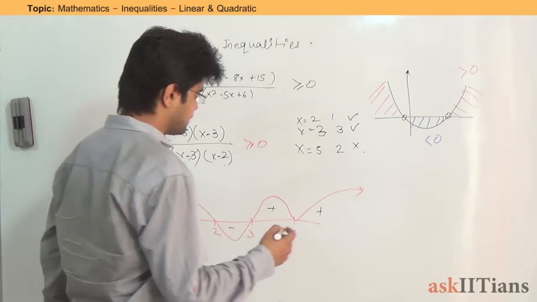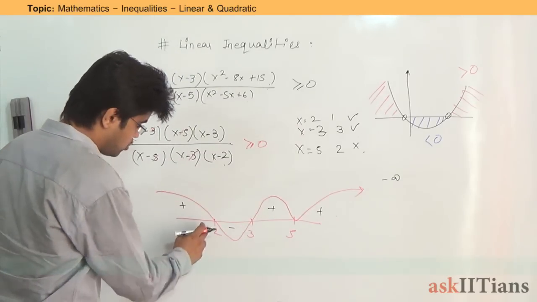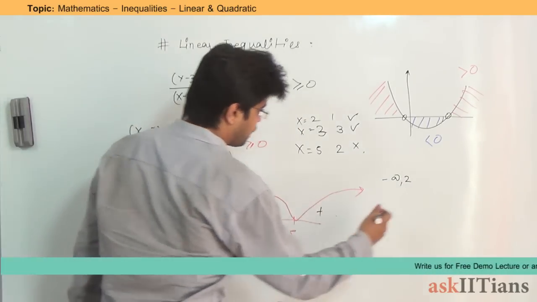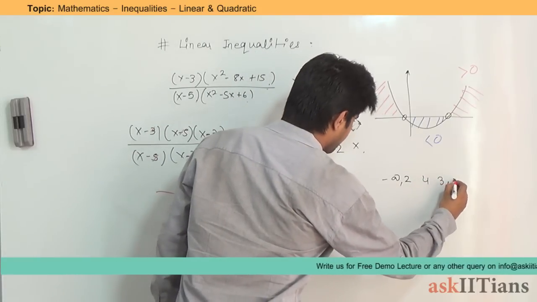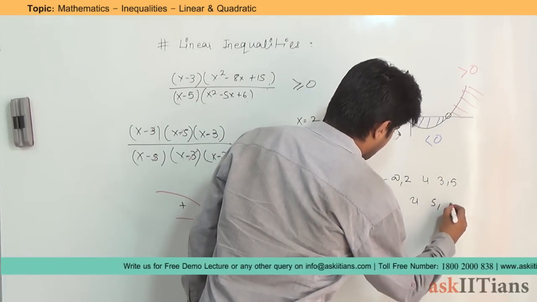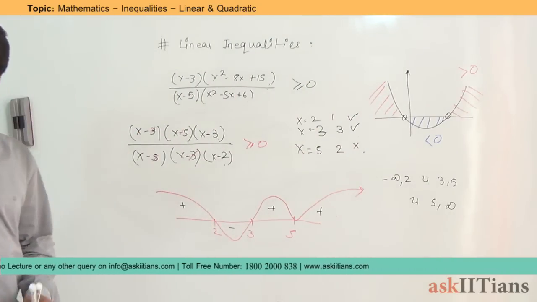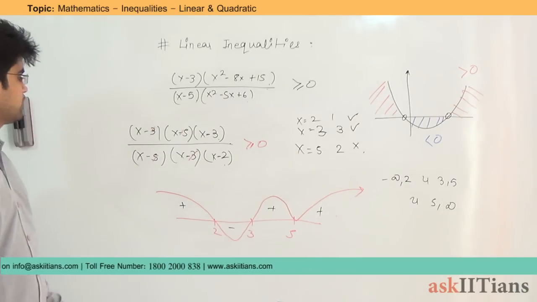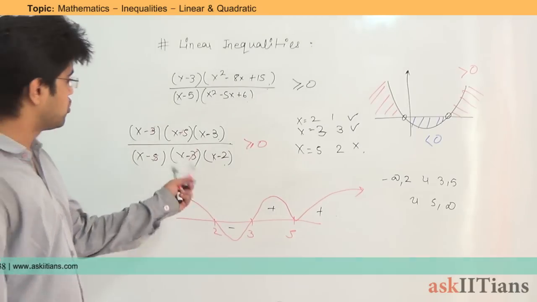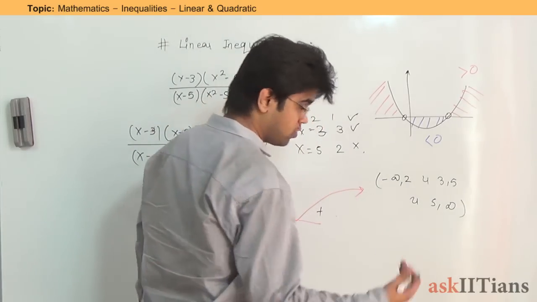So actually our answer is minus infinity to 2 union 3 to 5 union 5 to infinity. Now I haven't applied the brackets because in order to apply them we need to think about the behavior. From minus infinity to 2, minus infinity is obviously not included and infinity is obviously not included.